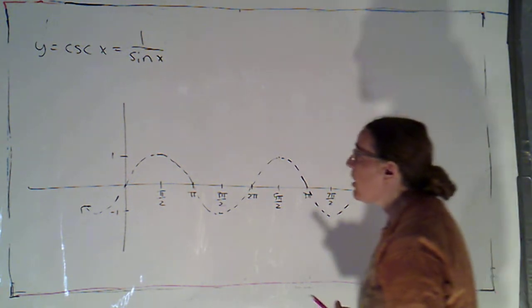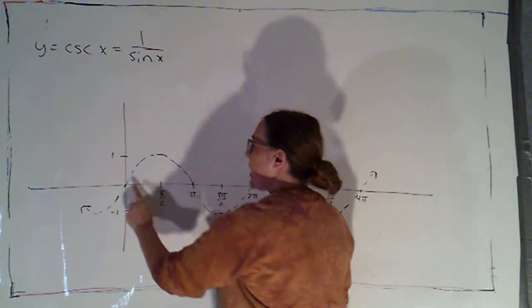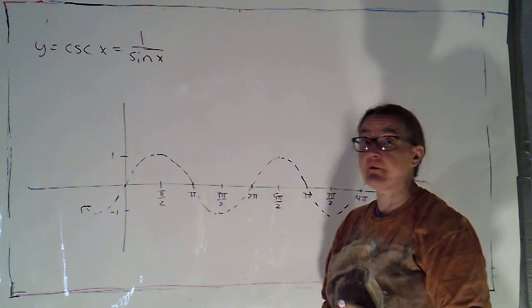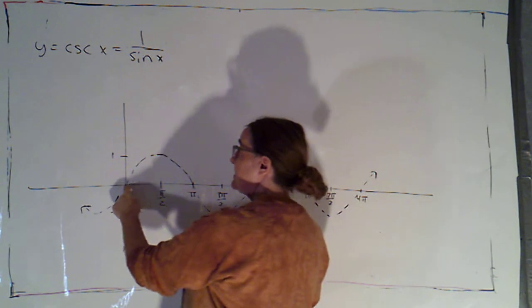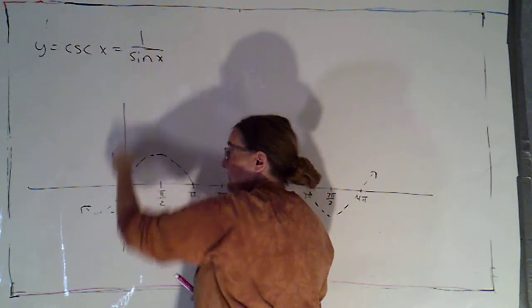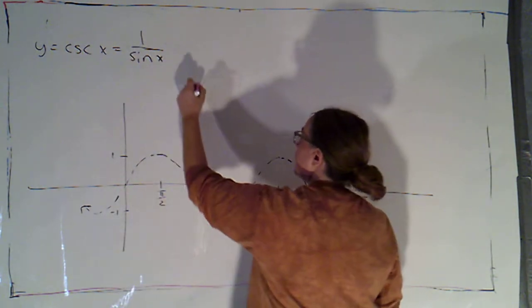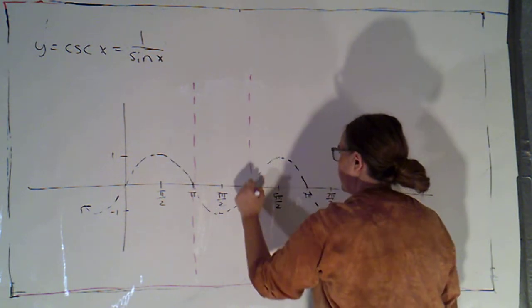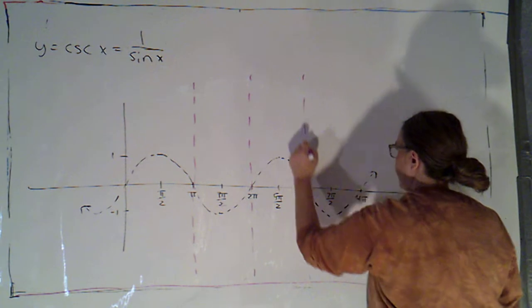Remember that any time sine is 0, cosecant is going to be undefined, and that's going to be where the graph is going to have a vertical asymptote. Now in this case, the y-axis is a vertical asymptote, and then it looks like I've got vertical asymptotes at every multiple of pi.